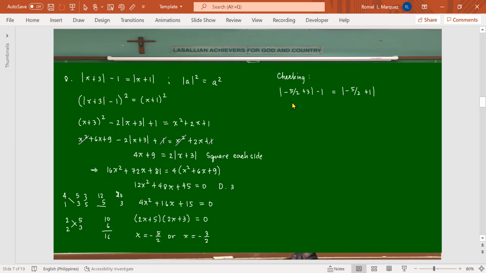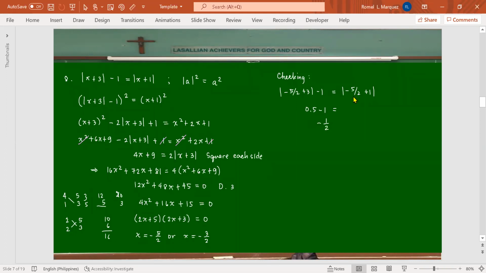It is 0.5, right? And absolute value is still 0.5. Minus 1. What is the left side? Negative 1/2, right?